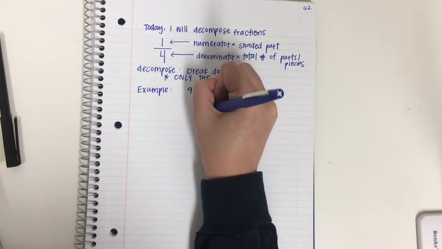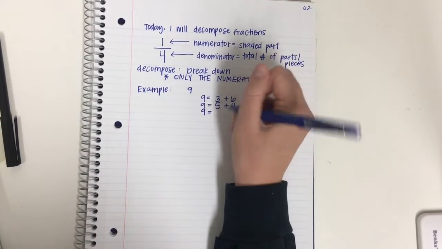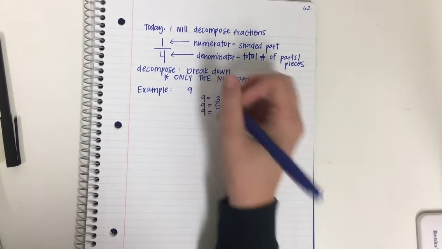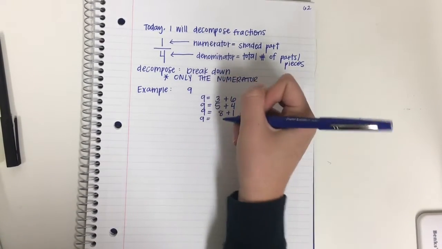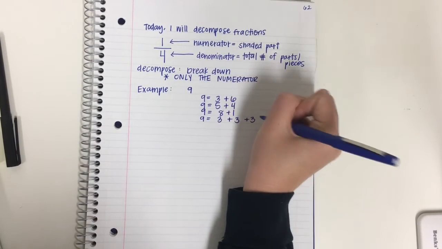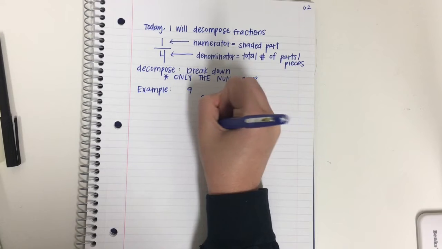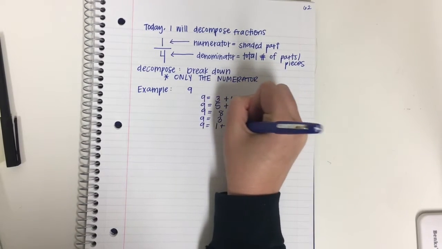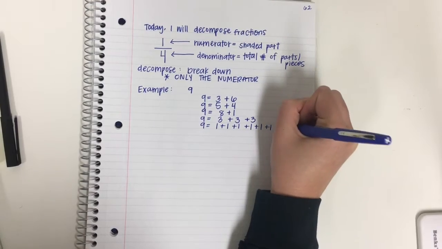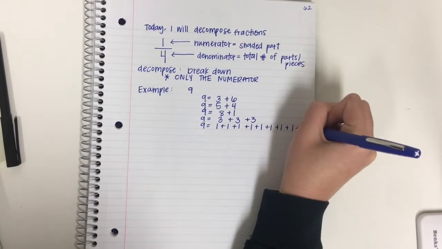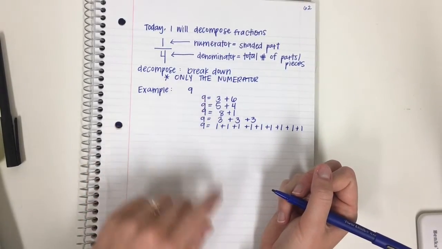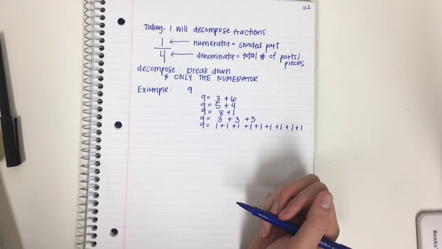I could do 8 plus 1. I could do 3 plus 3 plus 3, right? I could do 1 plus 1 plus 1 plus 1 plus 1 plus 1 plus 1 plus 1 plus 1, right? These are all ways to break down the number 9 and to get to number 9 in smaller parts.